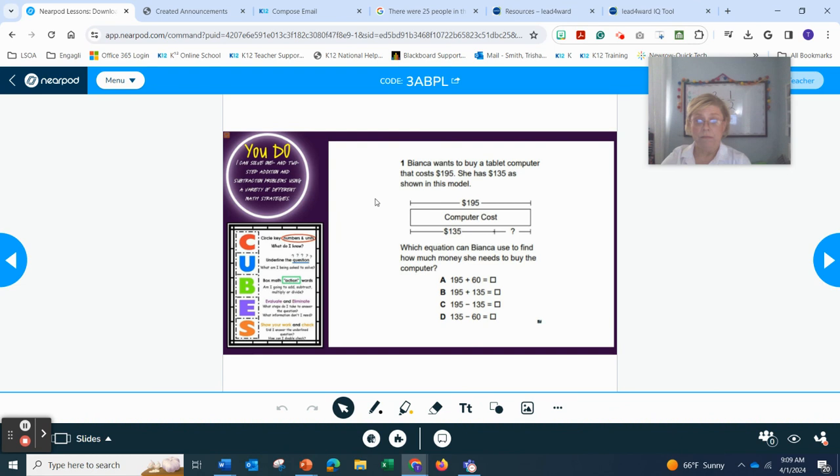Bianca wants to buy a tablet computer that costs $195. She has $135 as shown in the model. Which equation can Bianca use to find how much money she needs to buy the computer?